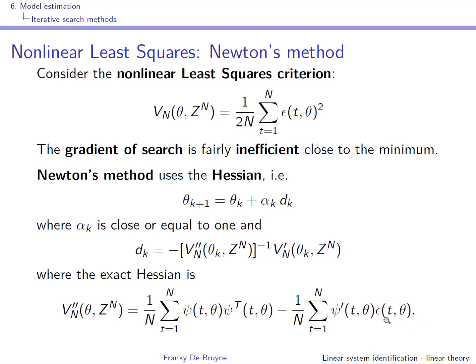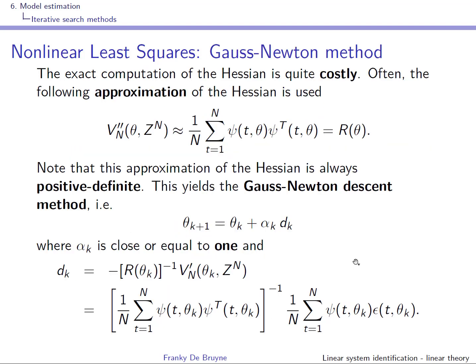In this second term, you can see that if you converge and epsilon becomes small, the contribution becomes smaller and smaller. This is why, because computing the exact Hessian is computationally expensive, we often replace the Hessian by an approximation.